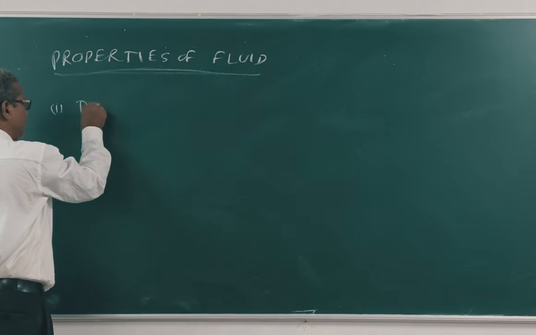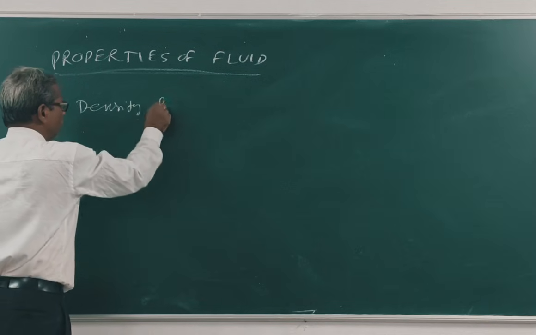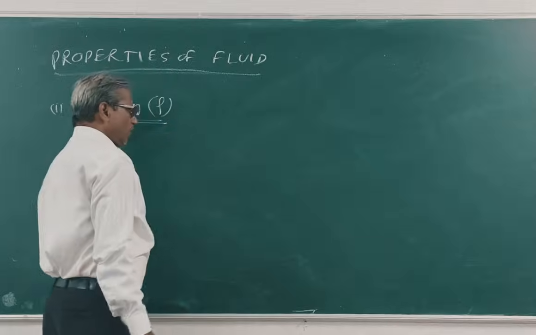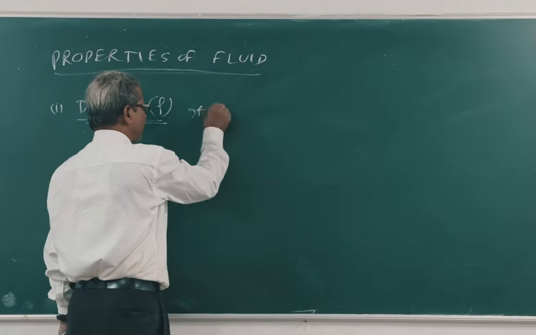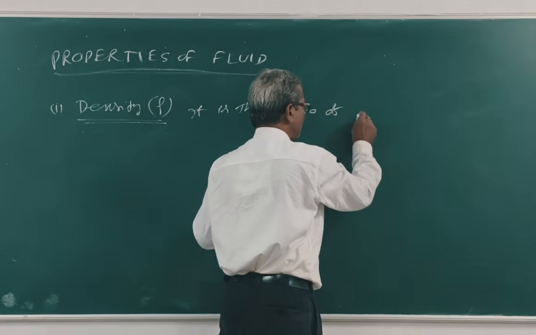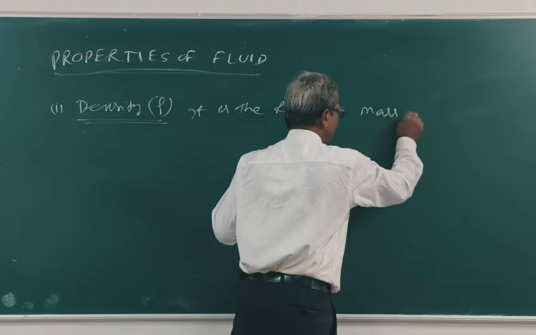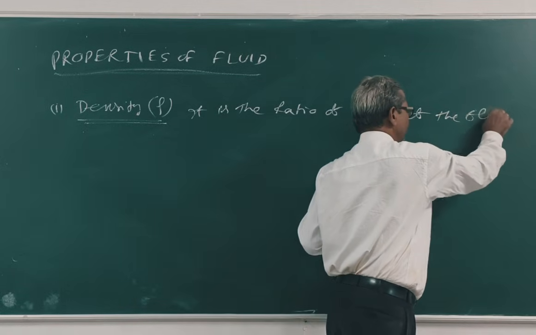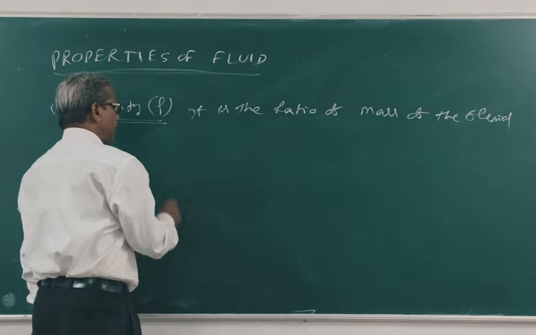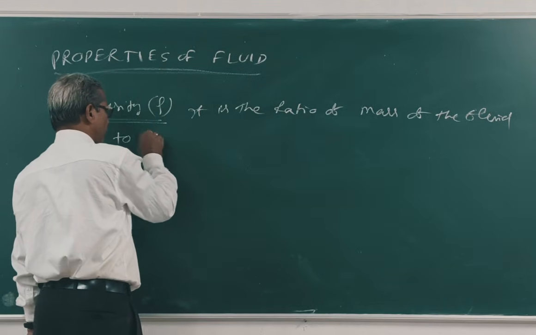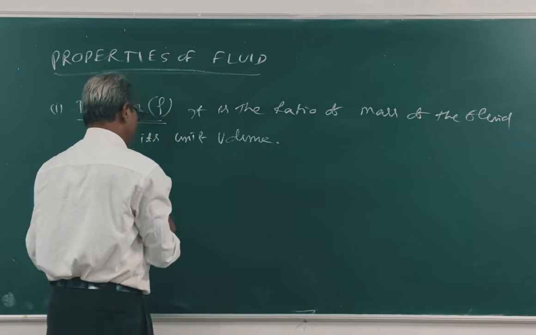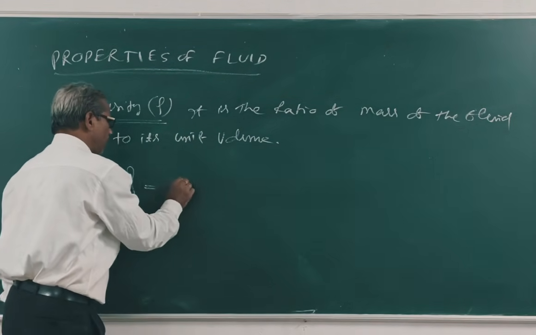density, rho. Clear? Or specific mass. It is the ratio of mass of the fluid to its unit volume, that is rho is equal to m by v.